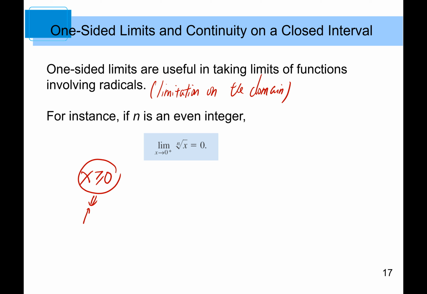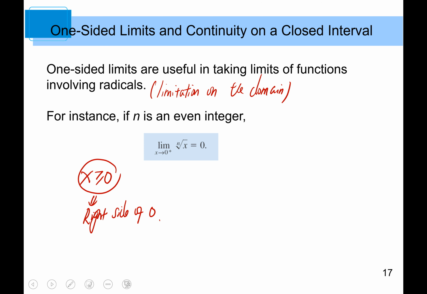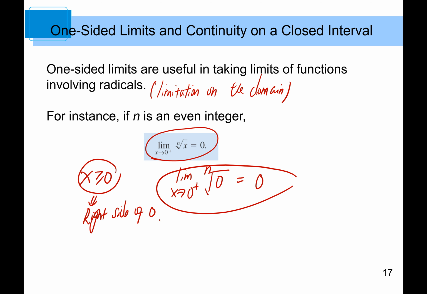This is the right side of 0. That's why we can only have a right side limit when x approaches 0 from the right hand side for the nth root of x. And then it's 0 because we do direct substitution. Just replace x with 0. Taking any root of 0 becomes 0. That's why the limit equals 0.